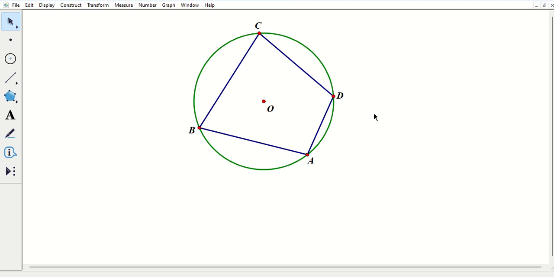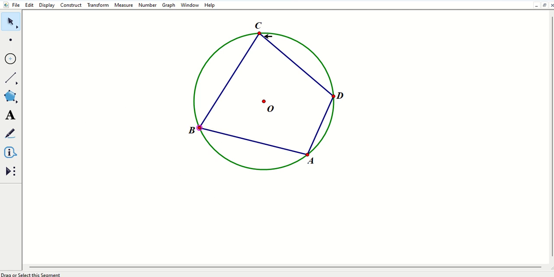Okay, fine. So I have my cyclic quadrilateral, the quadrilateral A, B, C, D, and it is having its vertices on the circumference of circle O. So now what I want to do, I want to measure angles now.